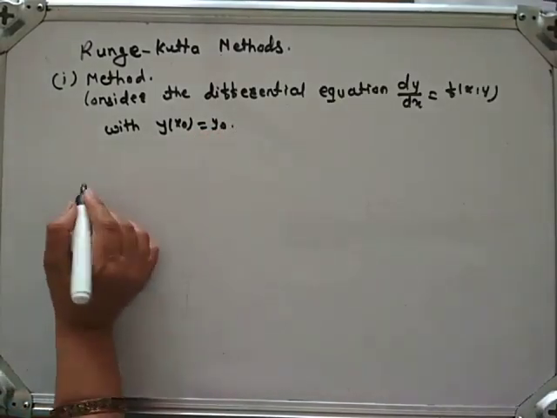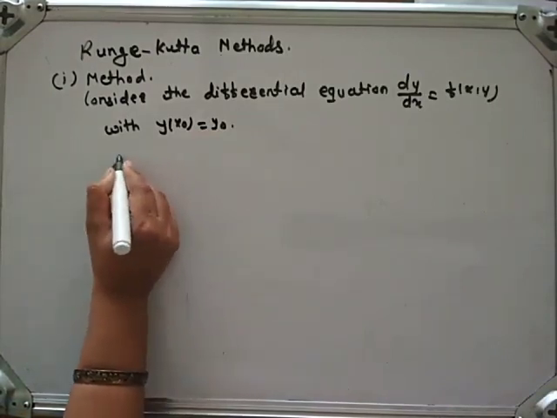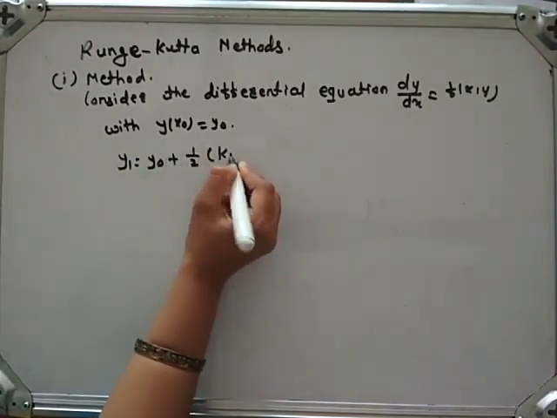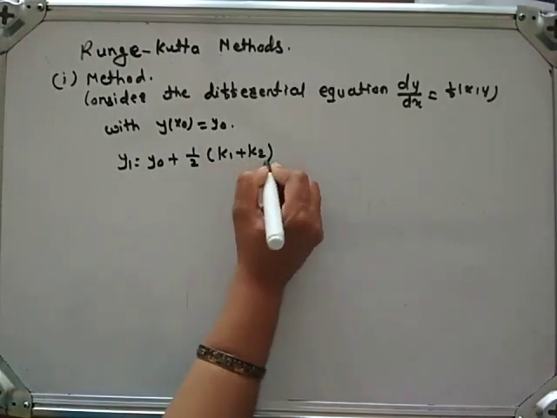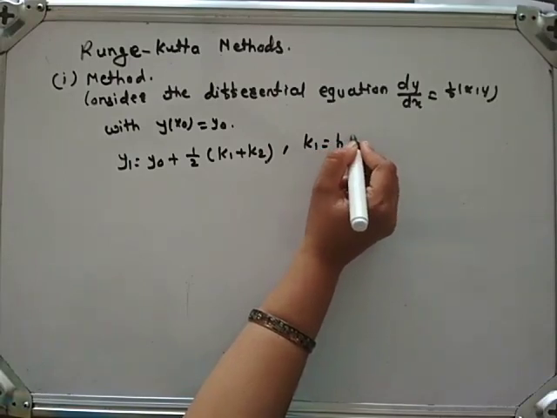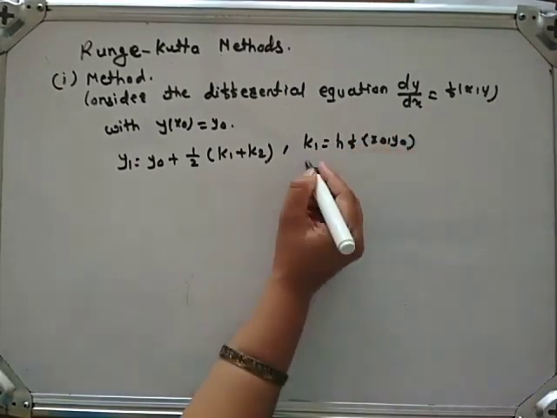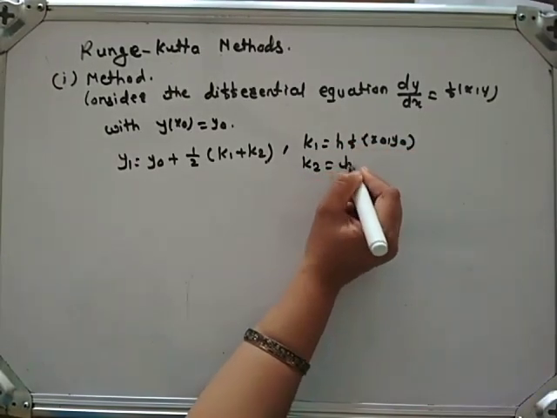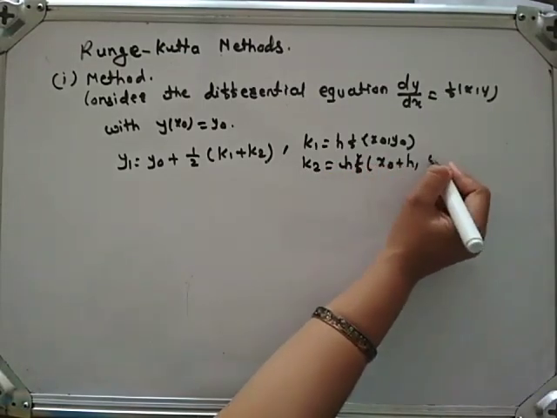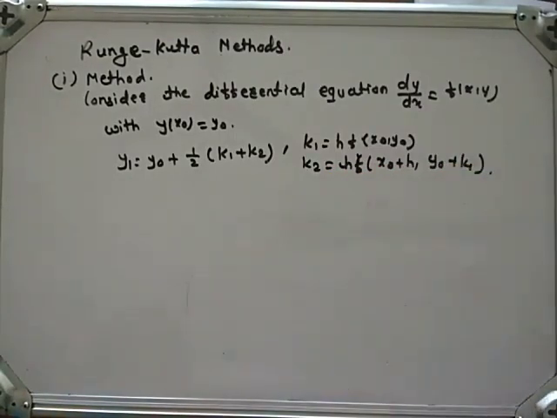For this the formula is y1 is equal to y0 plus 1 by 2 into k1 plus k2, where k1 is nothing but h into f of x0 comma y0 and k2 is equal to h into f of x0 plus h comma y0 plus k1.